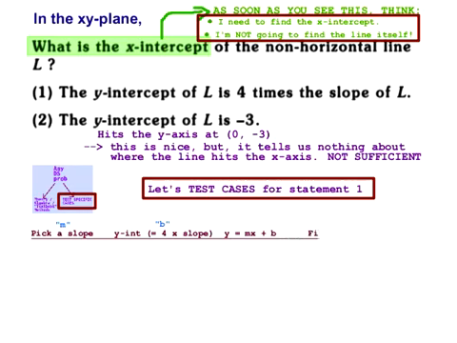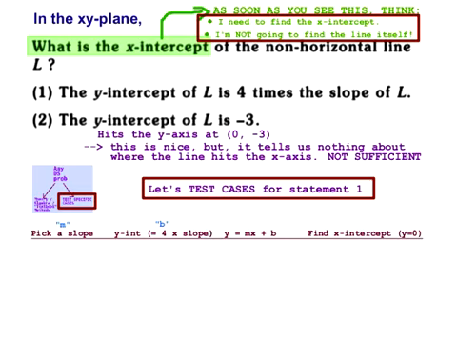So to find the x-intercept, that means the point where y is 0. x-intercept is where you hit the x-axis. And wherever you are on the x-axis, that means that the y-coordinate is 0. So, okay, let's try that.